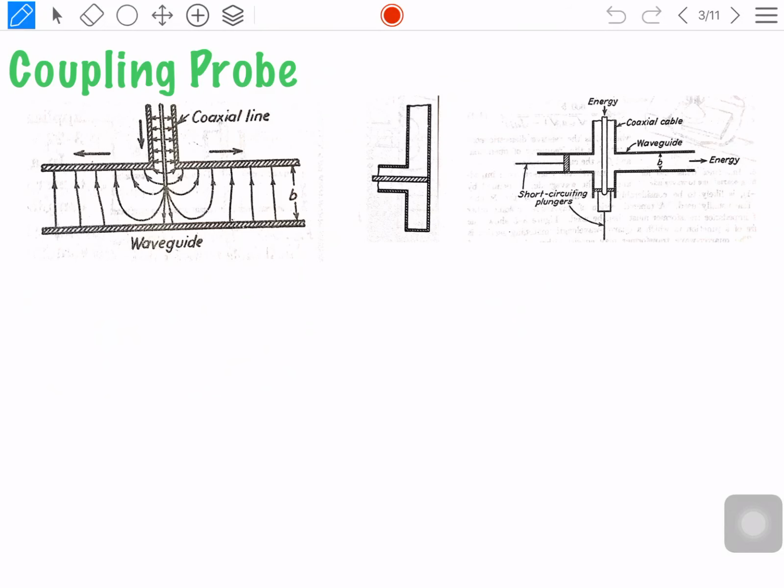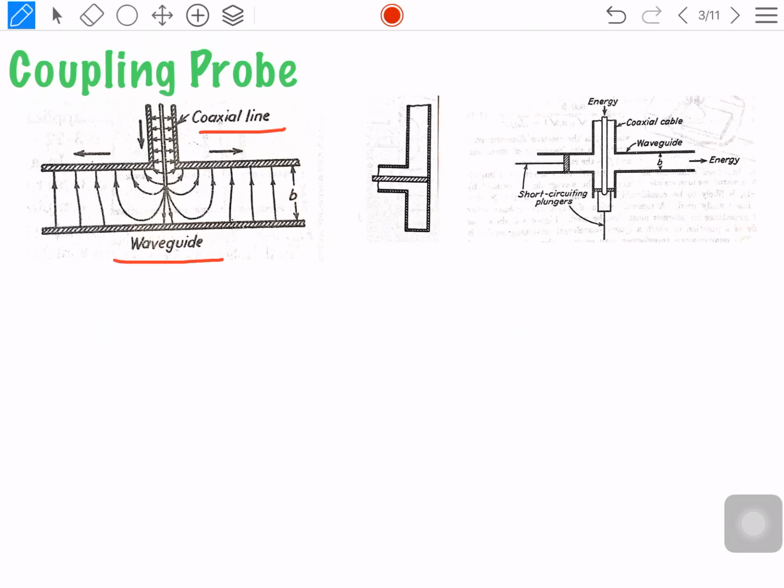See, in this picture, we have a waveguide and we have a coaxial line. The waveguide has the dimensions a and b. As it is said here, a coaxial probe will be placed parallel to the electric field at or near a point where the electric field has its maximum value.